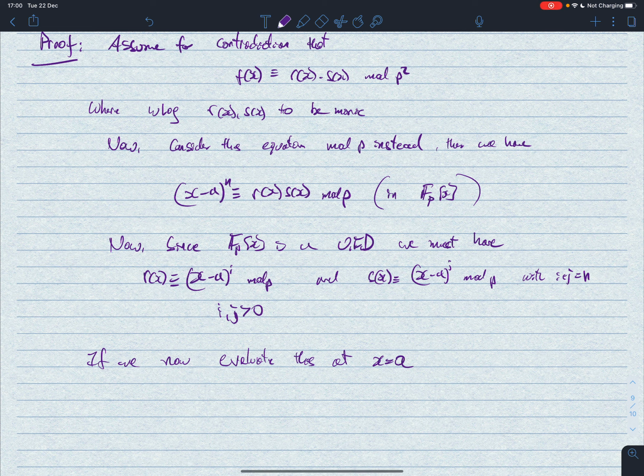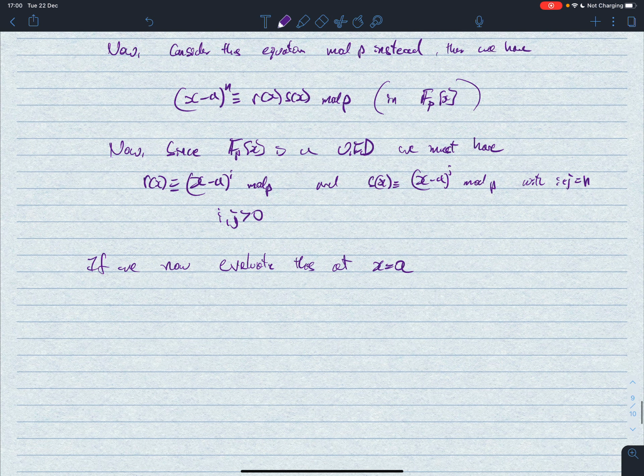When we evaluate at x equals a, we see that r of a is congruent to s of a, is congruent to 0 mod p, as i and j are both greater than 0.